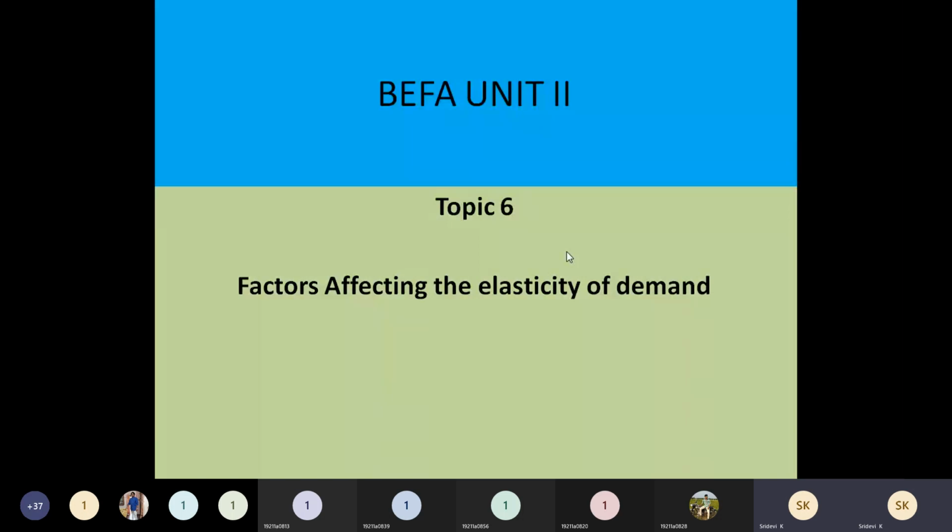If there are fewer substitutes, then he won't have any choice of shifting from one product to the other. So his choice is very less. So in such a case, there will be somewhat less elastic demand.